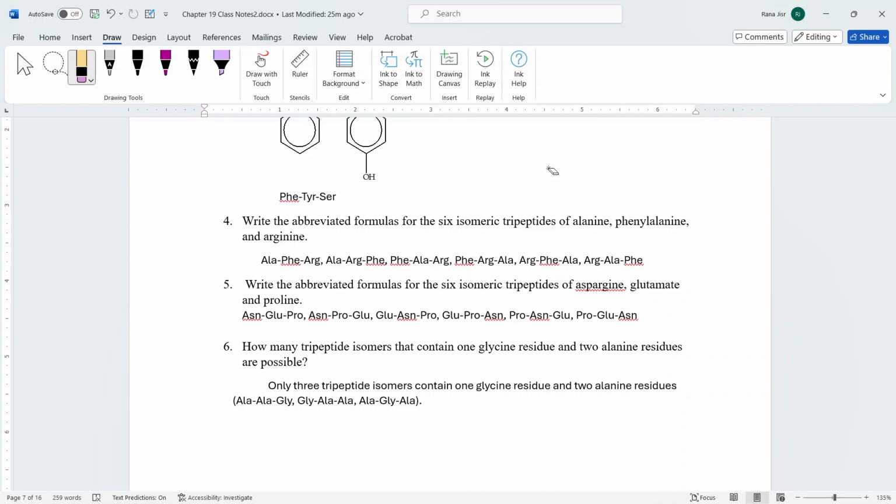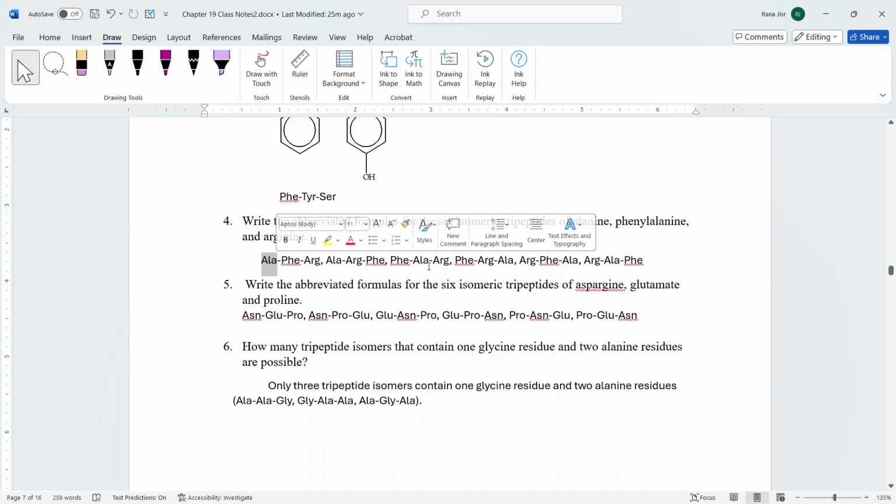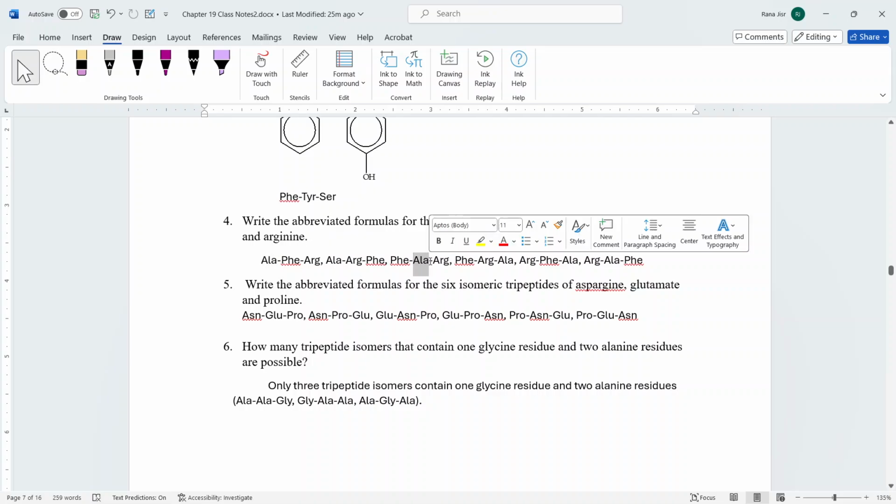So write the abbreviated formula for the 6 isomeric tripeptides of alanine, phenylalanine, and arginine. So just connect them together because we do have different possibilities. Alanine can be either at the beginning, it can be in the middle, for example, over here, and it can be at the end.